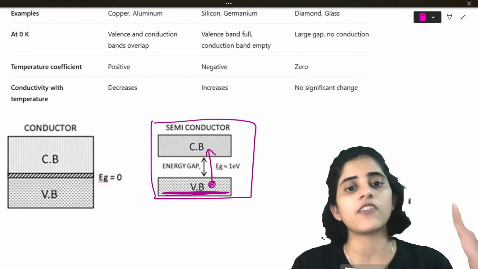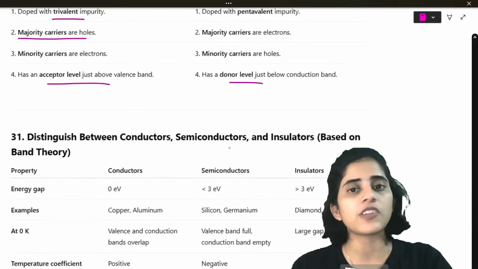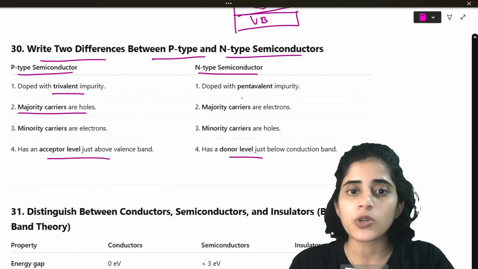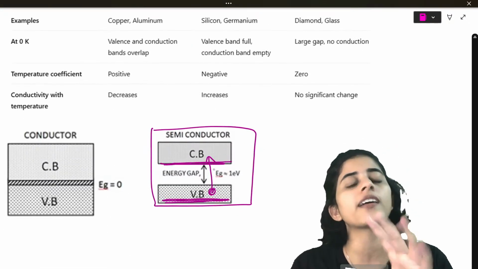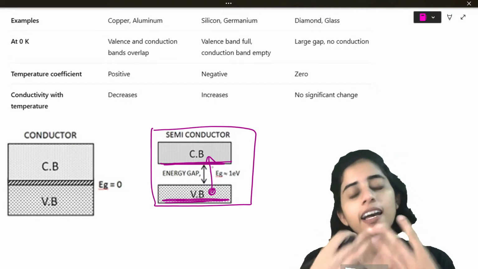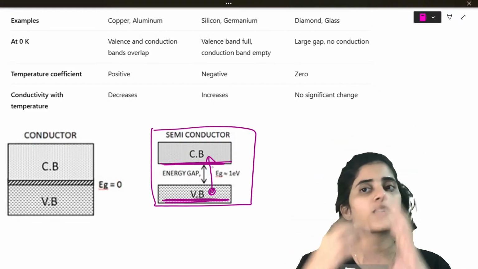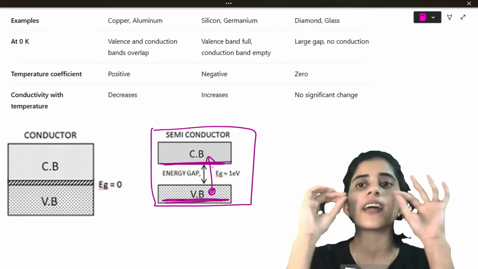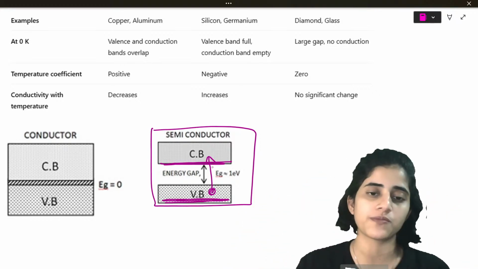So they can accept electrons and then move. But if it's an n-type, you can see it has a donor level, so it can donate a lot of electrons. Electrons always move from valence band to conduction band.